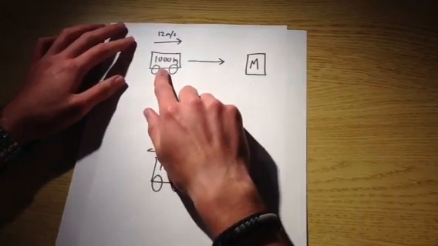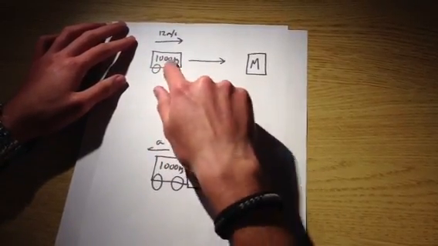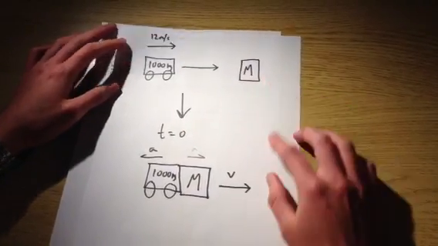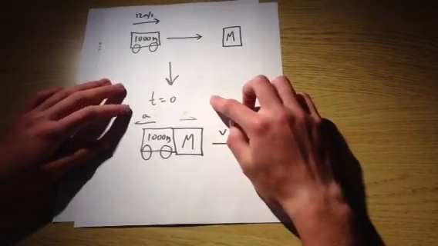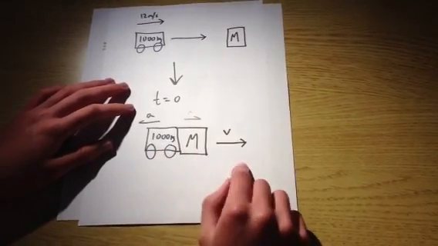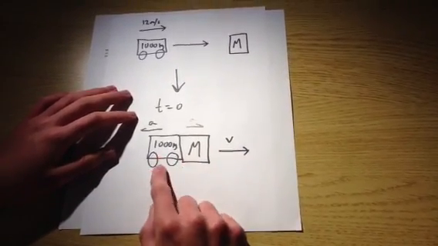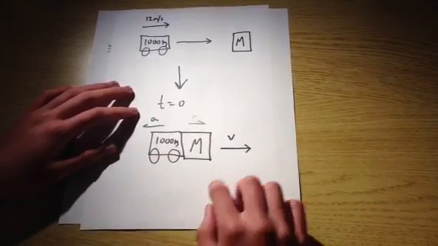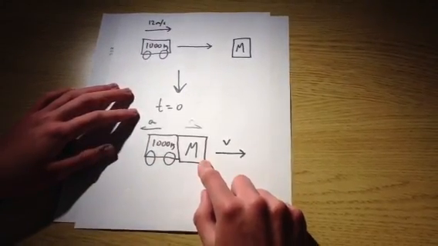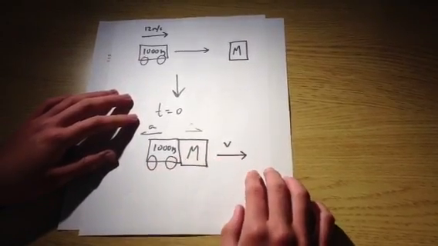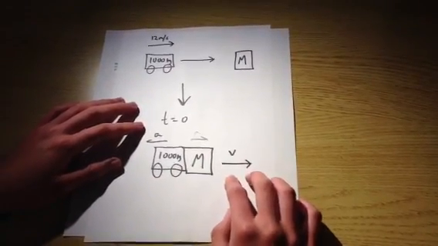The car, 1000 kilograms, is traveling at constant speed 12 meters per second towards the mass m, and at t equals 0 it collides with the object of mass m. Individually the car has a negative acceleration while the object has a positive acceleration, but as a unit they have a constant speed v.